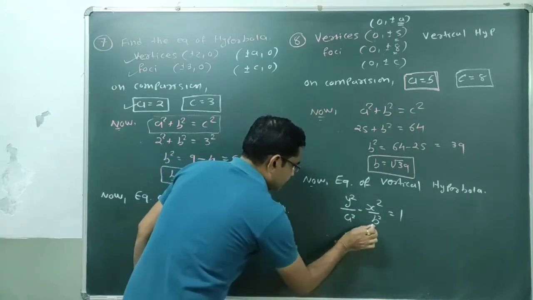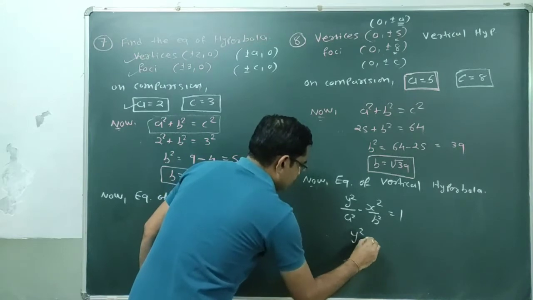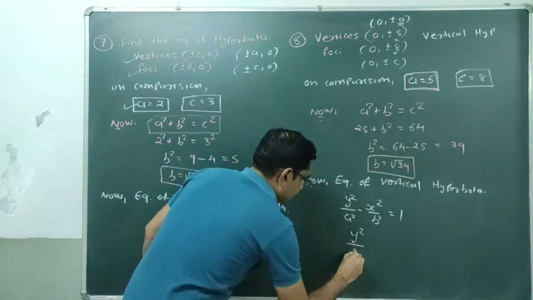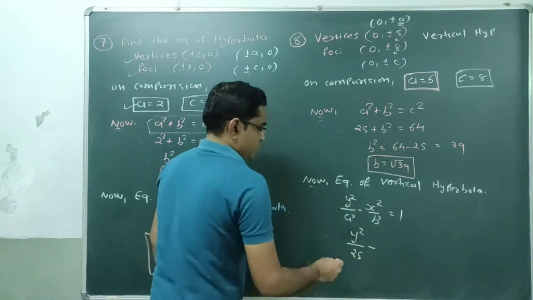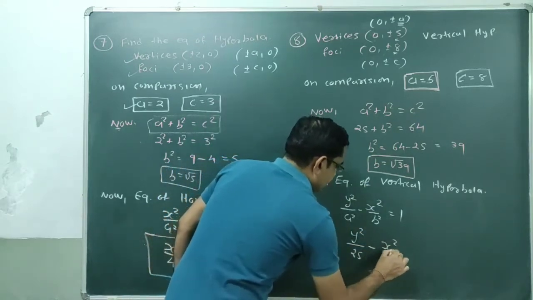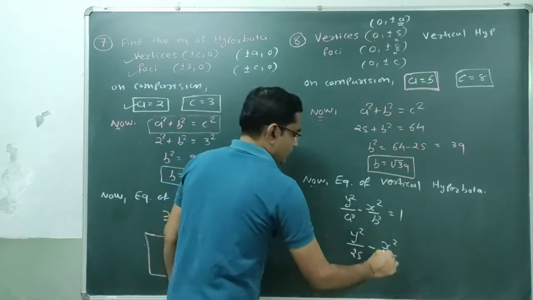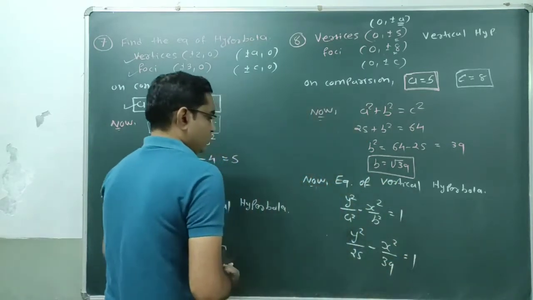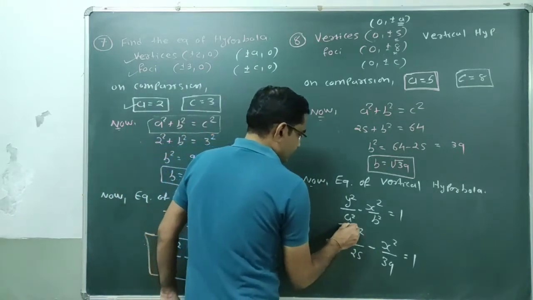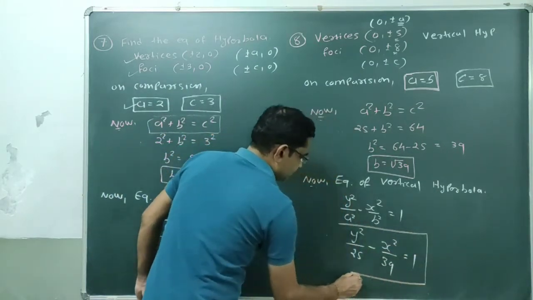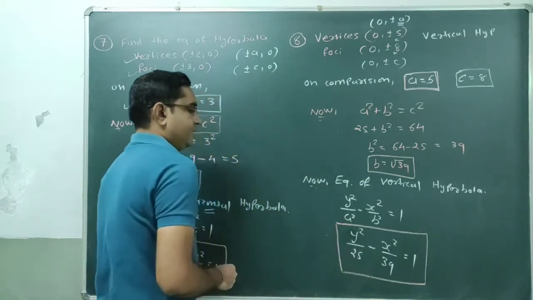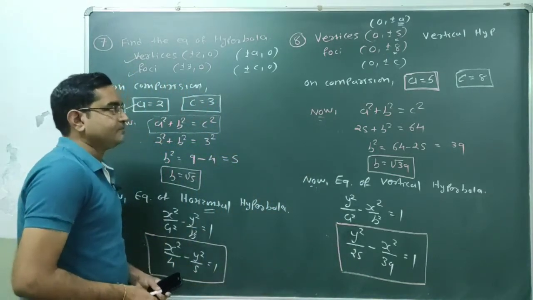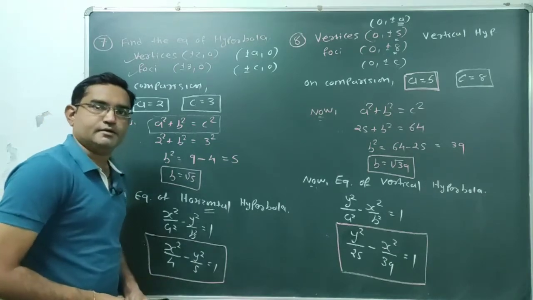Therefore our answer: a square is 25, b square is 39, so y square by 25 minus x square by 39 equal to 1 is the equation of the required hyperbola. Clear friends? So this is your question number 7 and 8.